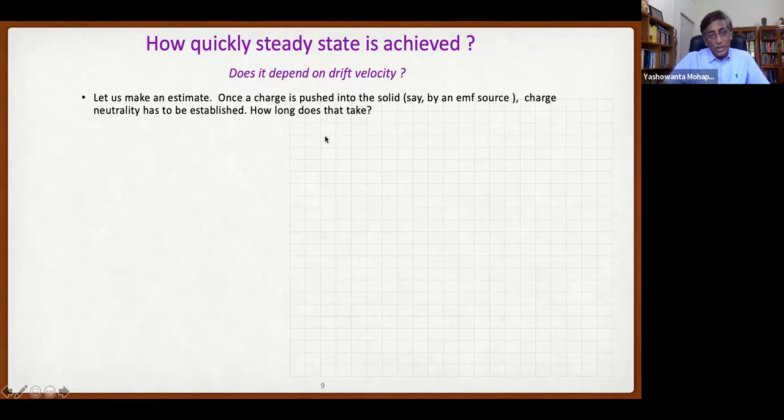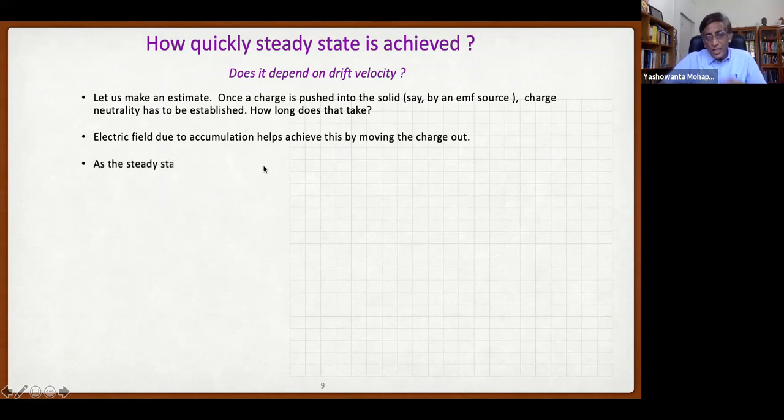We know that if there is some accumulation of charge somewhere, then the electric field will make it move away, and it helps achieve this neutrality by moving the charge out. As the steady state is achieved, we know in steady state condition there should be no volume charge density in the body, which we have just shown.